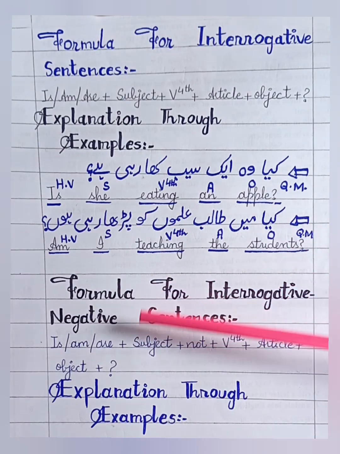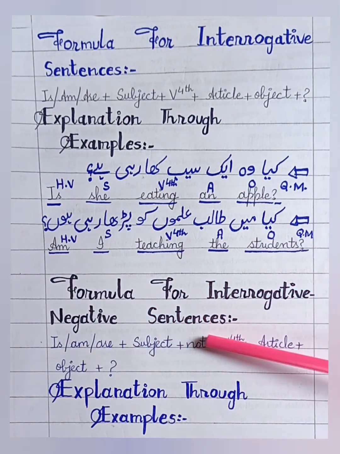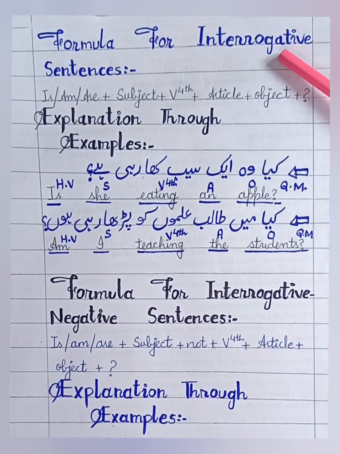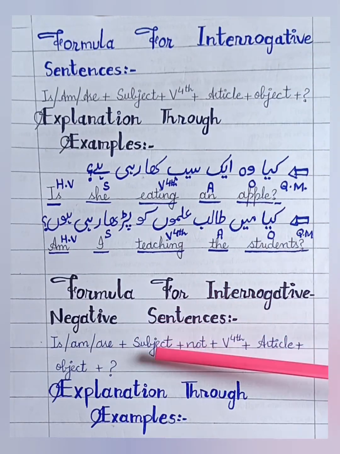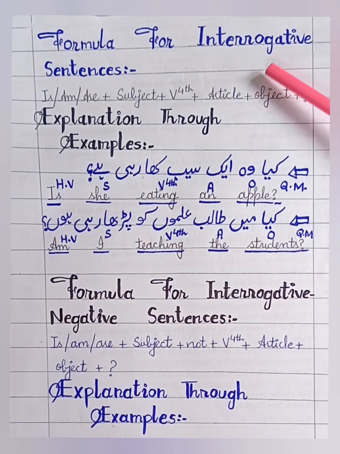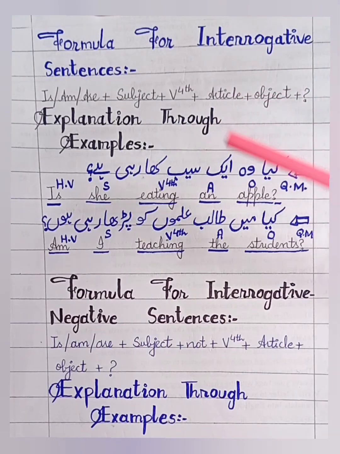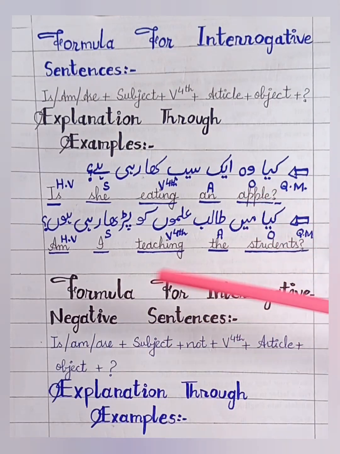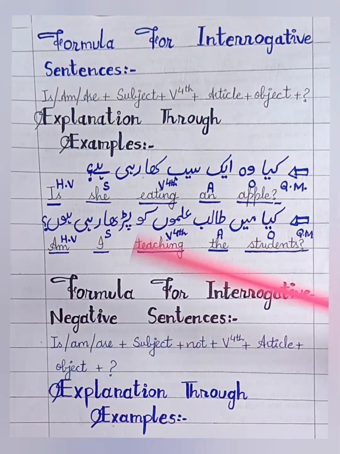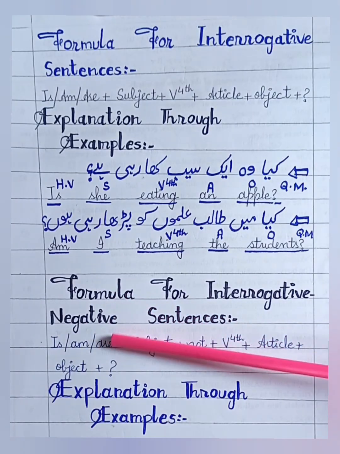Now I will tell you about the formula for interrogative negative sentences. The difference between interrogative and interrogative negative sentences is that in case of interrogative sentences, we will only ask a question. But in interrogative negative, I mean to say in both these sentences, we will ask a question. But in the same way, we will use not over here.